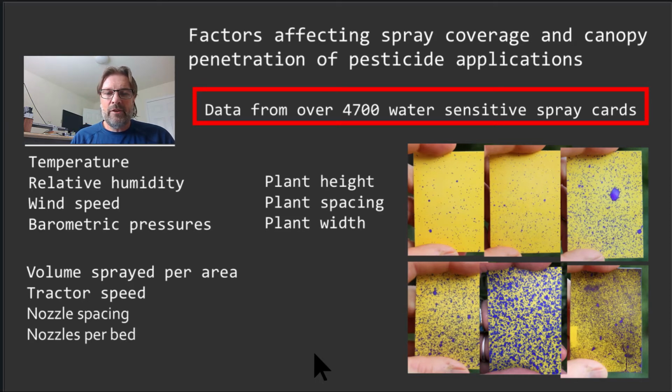So we basically had 3 categories of variables. We had weather data, we had operational data, and we had plant characteristics data. And we used those 3 groups of variables to then run multi-regression analysis and see if we could use them to explain the spray coverage that we obtained on the different spray cards with the different nozzles.